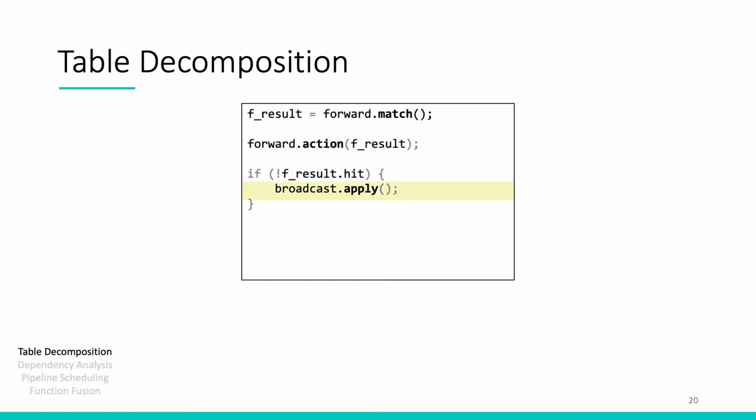The table broadcast takes a similar way. The compiler decomposes the table call into a match call and an action call, and introduces a variable b_result to propagate the match result.